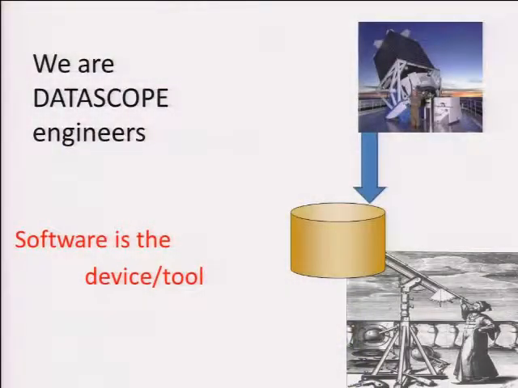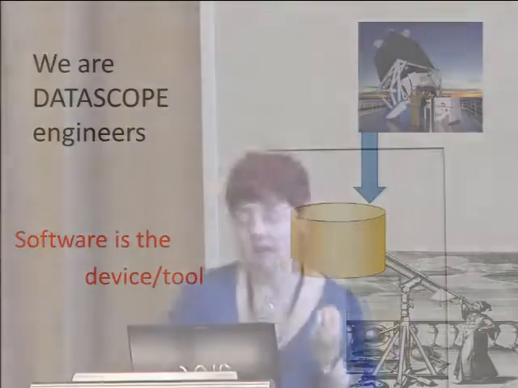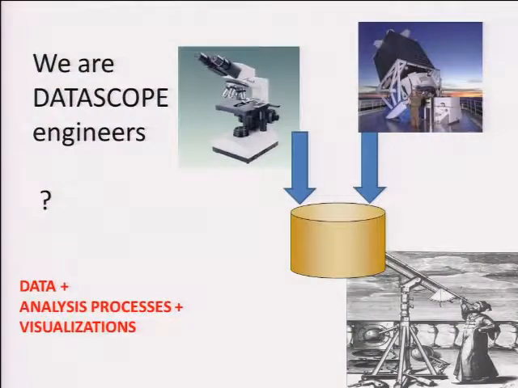So the idea, Datascope, is an idea I like. It's not my name, but in fact, when we look at what Galileo did, Galileo looked through telescopes, and now if Galileo was alive, he would be looking at the data generated by telescopes. However, in the multiscale world, there are also microscopes.